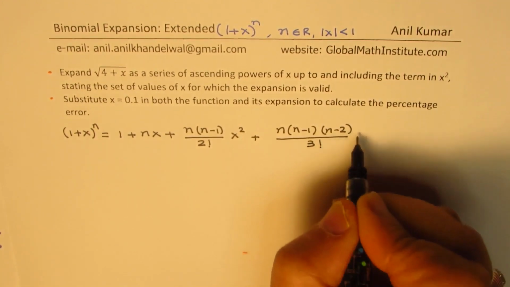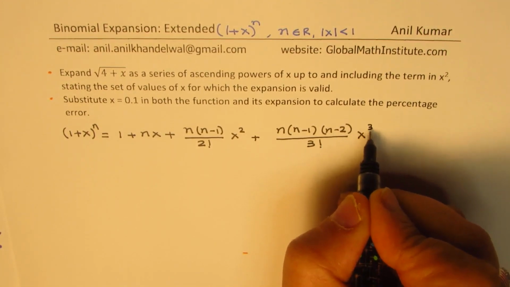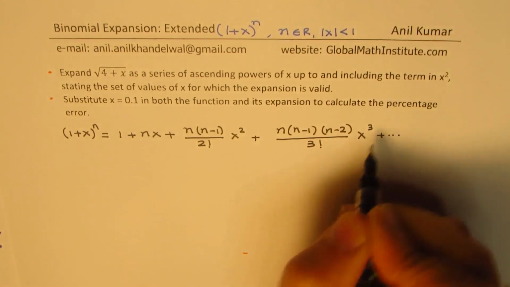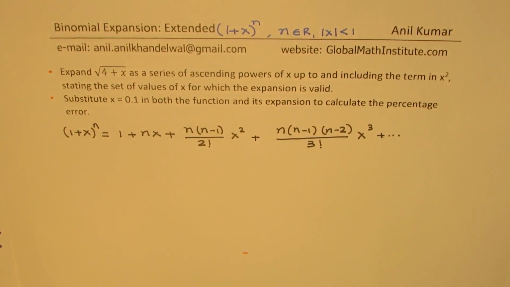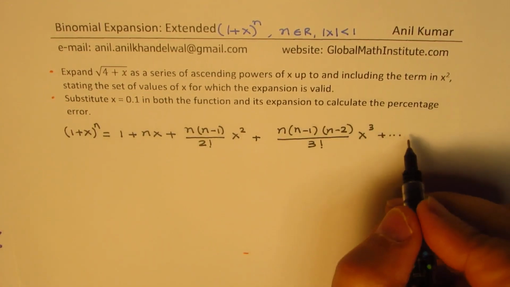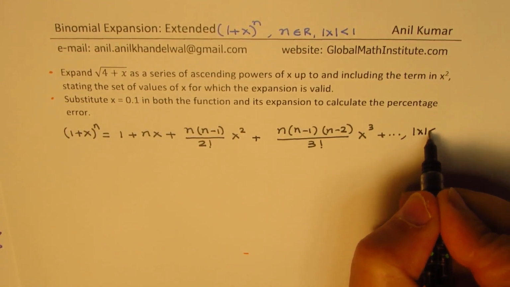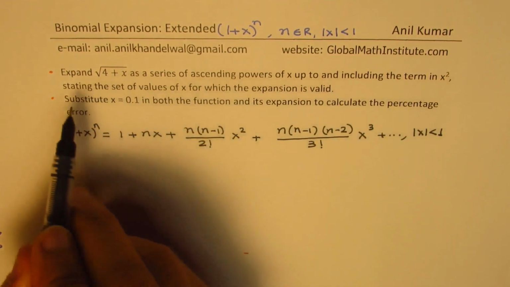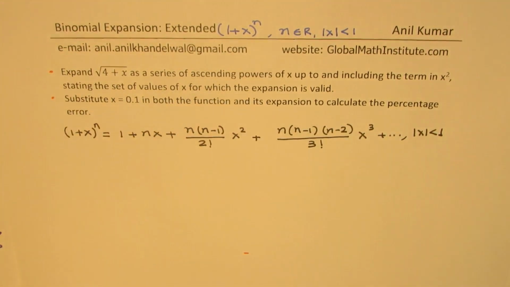You can see a pattern, right? So it's easy to remember this expanded form. I like this. It's an infinite series. Now for this series to converge, the absolute value of x should be less than 1. So that gives you the condition, part 2, right?